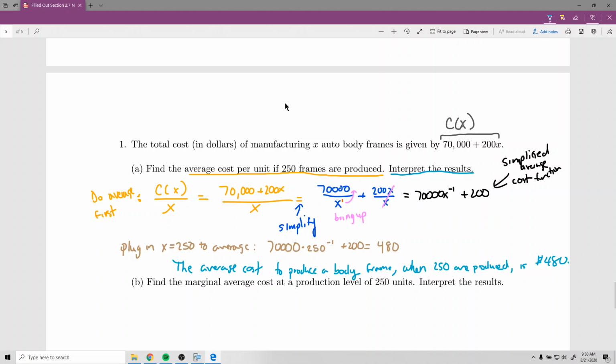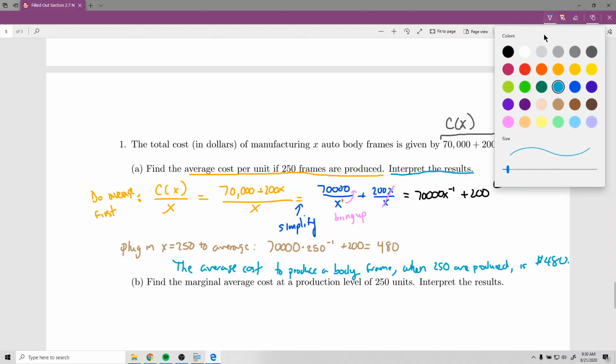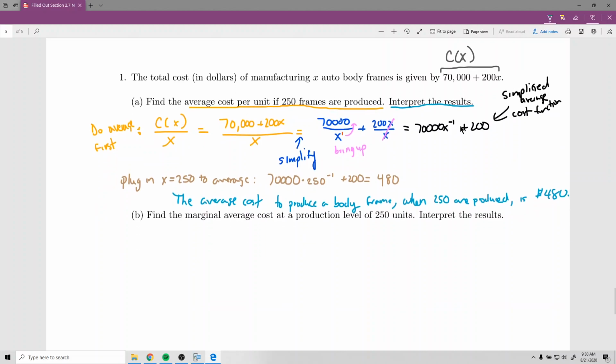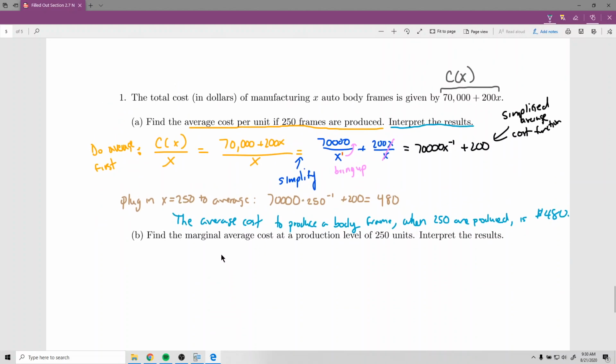We'll just assume there, it does say in dollars, $480. Right? This has nothing to do with derivatives, so it's not telling us the rate of change at all. Now, the second part here, it says find the marginal average cost at a production level of 250. Interpret the results.